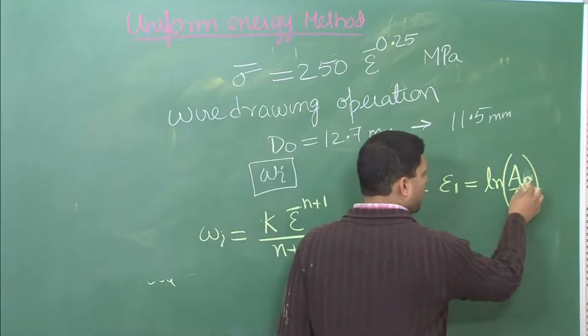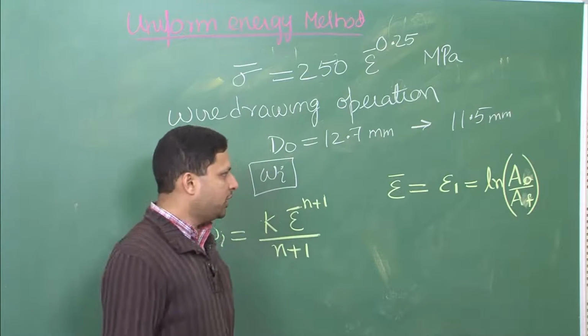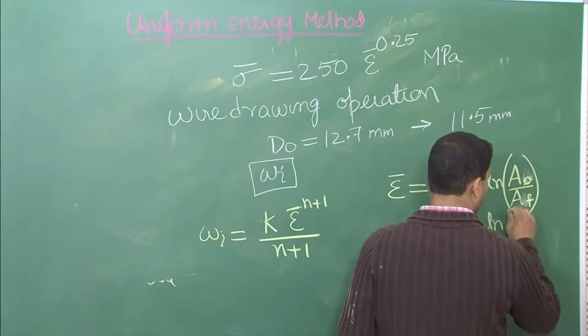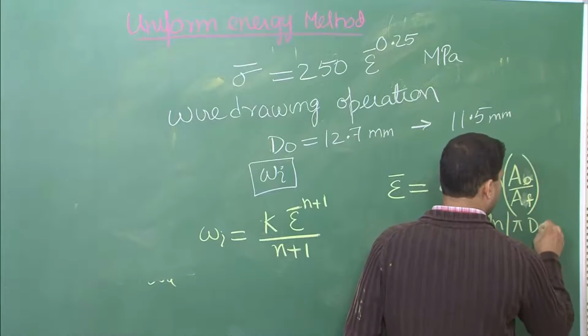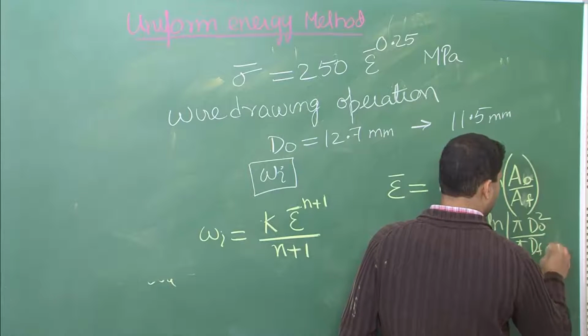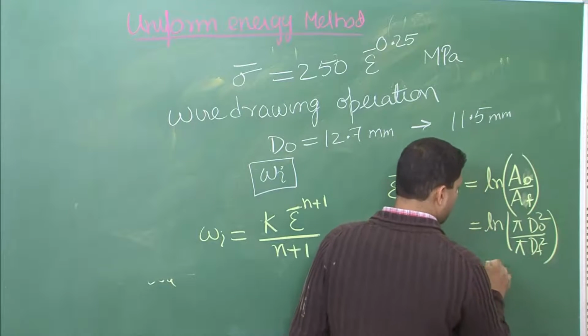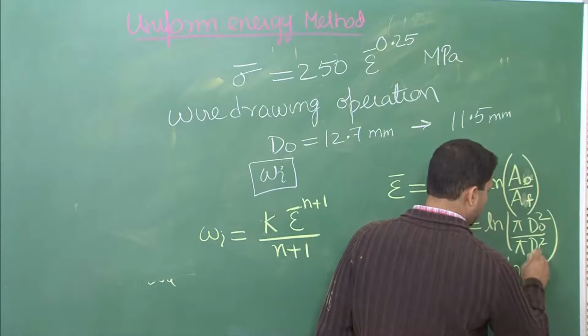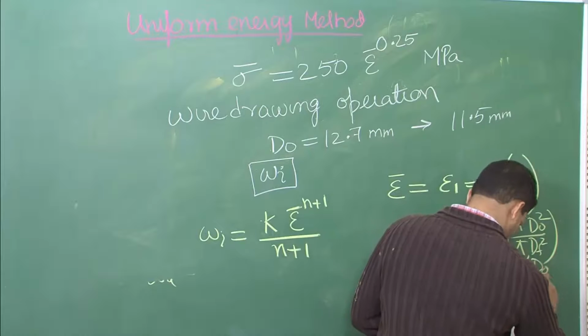Now, A is given by pi d square. So, this comes out to pi d naught square by pi df square, or you would see it comes down to 2 times ln d naught by df.